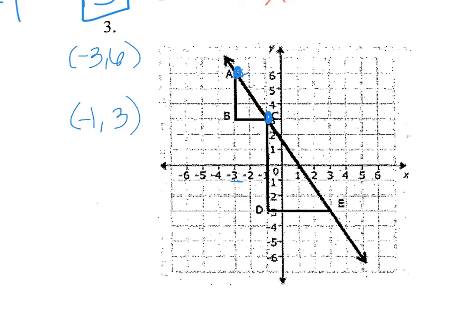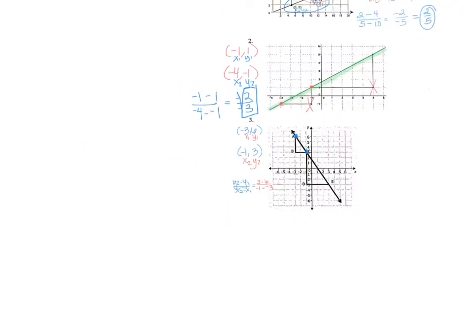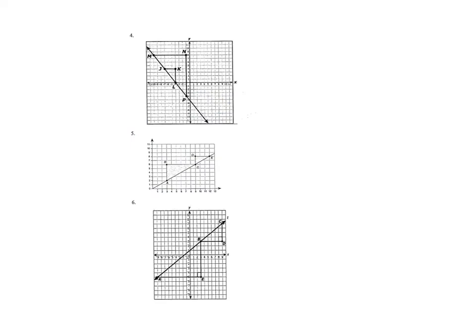Okay, so when I label them, this is x, y, 1, 2, and we're going to use the formula again. y2 minus y1, x2 minus x1. So that would be 3 minus 6, negative 1 minus negative 3. So solve that, and that will be your slope.